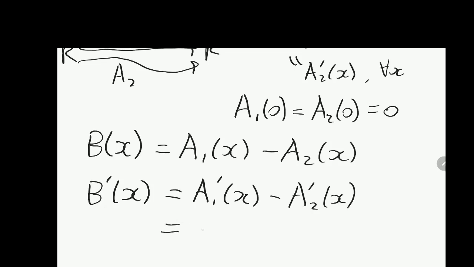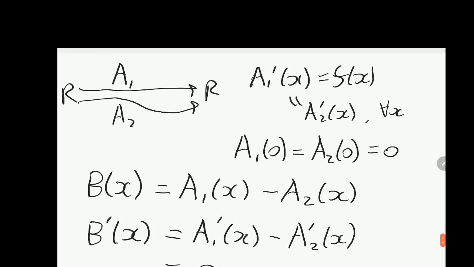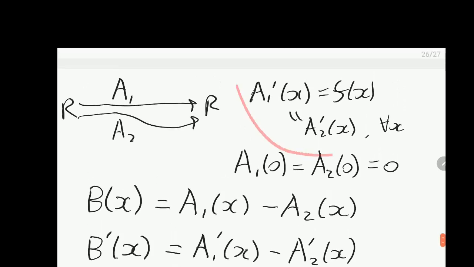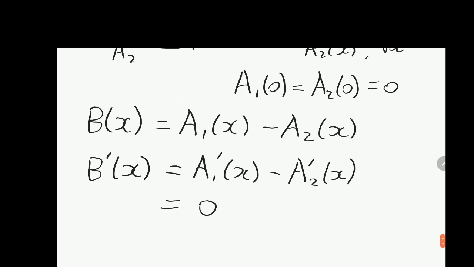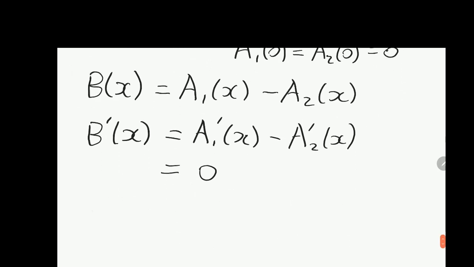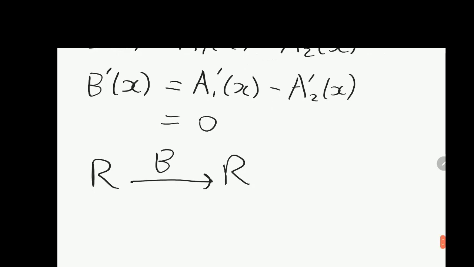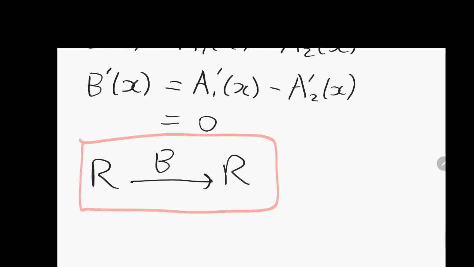But now we know that that's 0, because we're assuming that these two things are always equal. And so now what we have is that this function b from R to R has derivative 0. So we know from our constancy principle that any such function that has a derivative of 0 everywhere has to be a constant function.